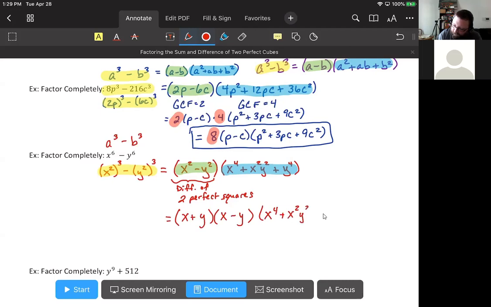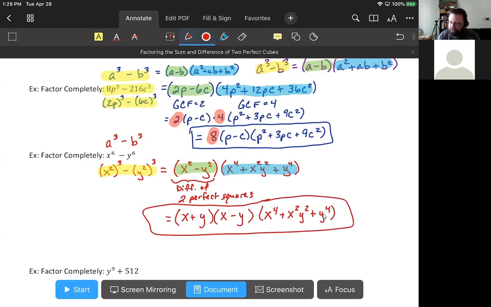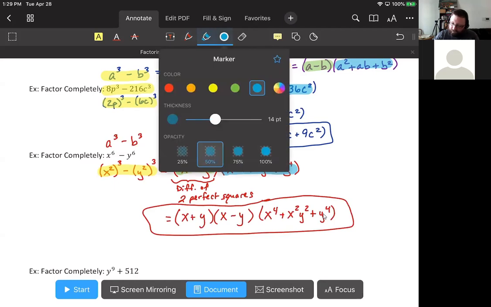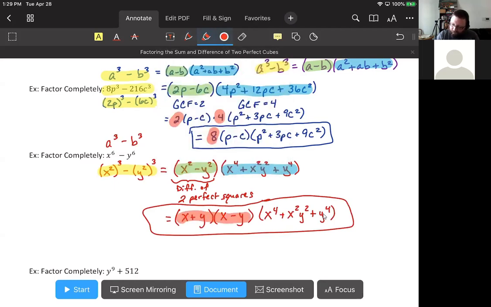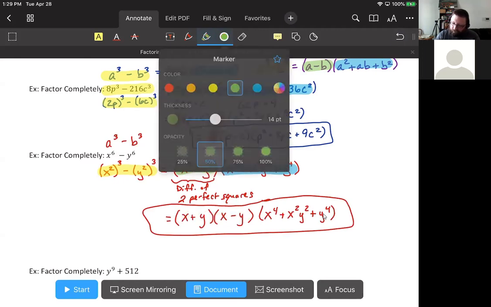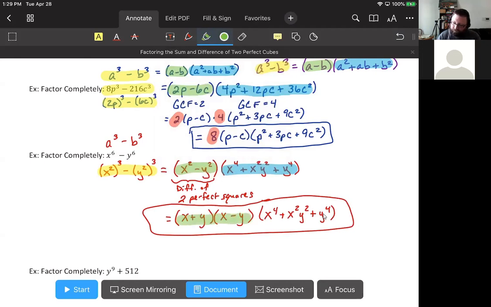And then we would still have the trinomial on the end. So that first set of parentheses is coming from here. So that would factor again into an x plus y and an x minus y.